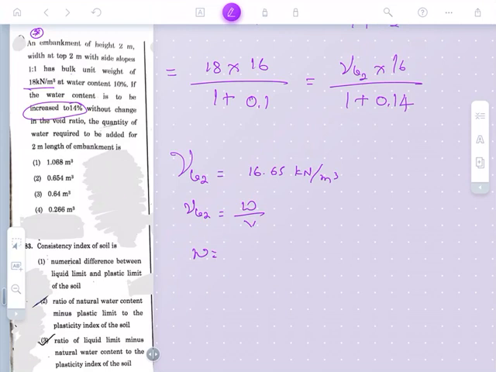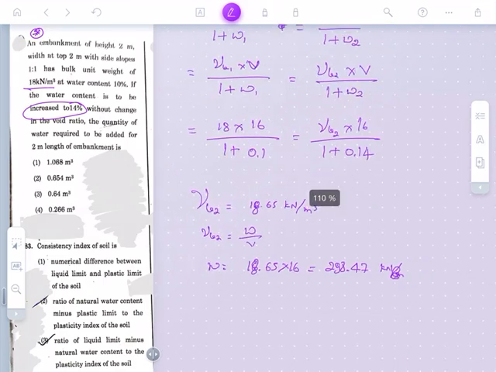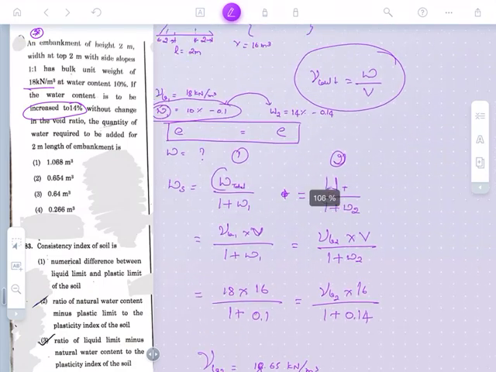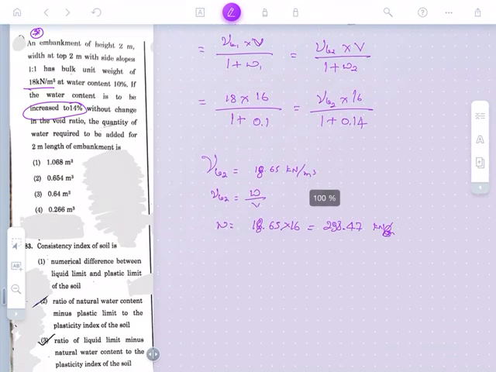So then I need to find the weight. Gamma bulk 2 is equal to weight per volume, where weight is equal to gamma bulk 2, which is 18.65, into 16. You will get it as 298.47 kilonewton. Now, this is the change in weight. So what was the initial weight?